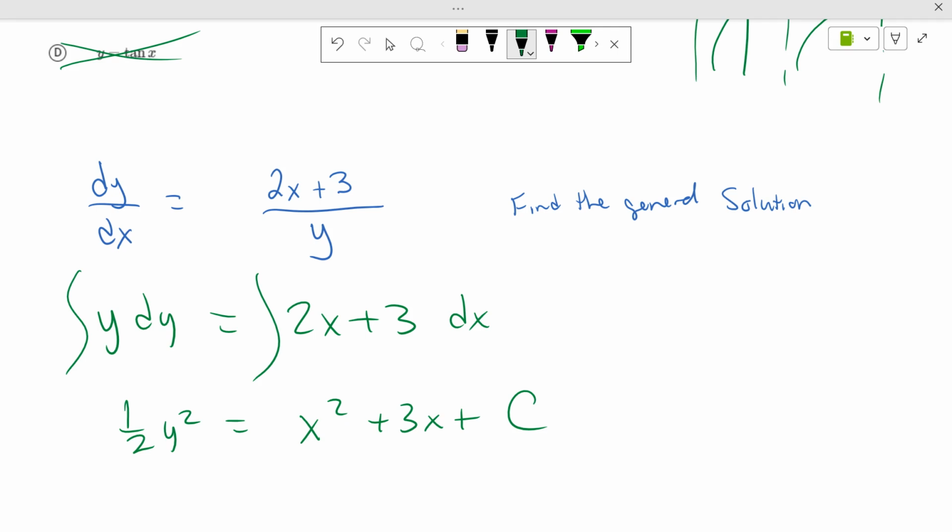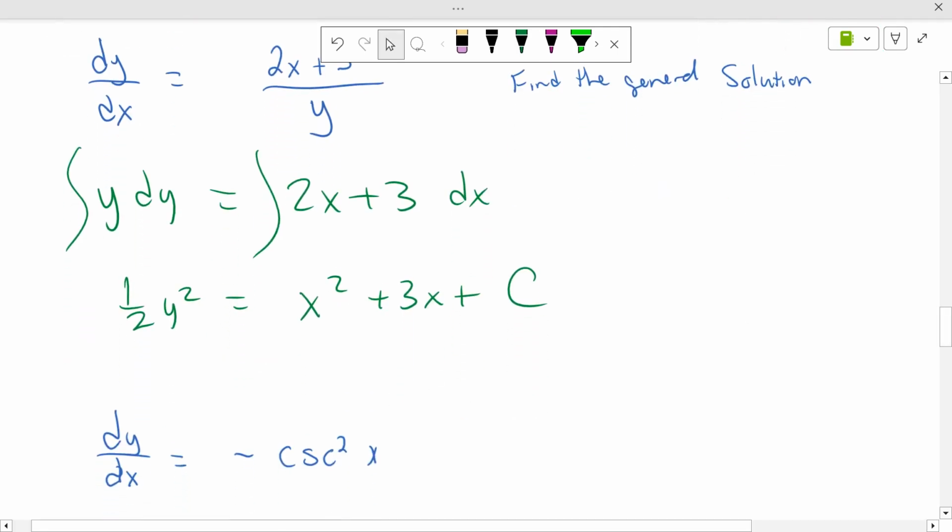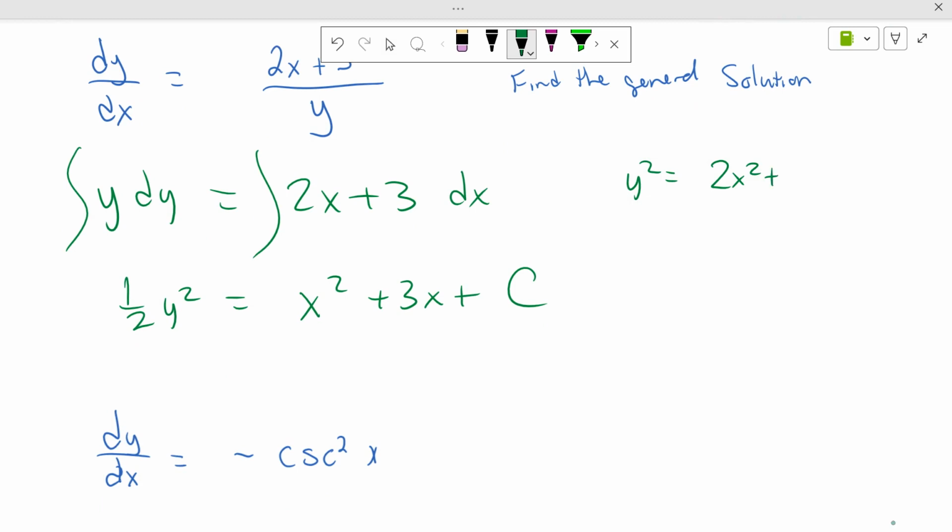What do we have to do yet to this equation? Get y alone. So we multiply everything by 2. So y squared equals 2x squared plus 6x plus 2 times c, which is still c. Now they might say c1 here. They could, on AP, change that to a k instead of a c.